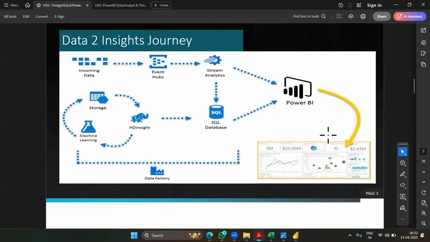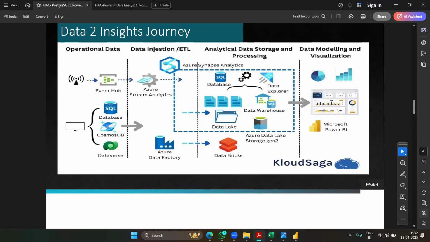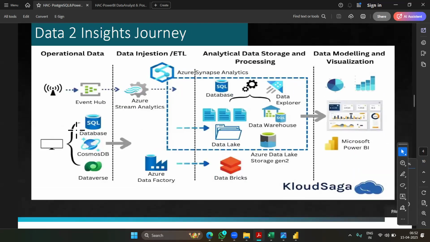To achieve this flow, the data-to-insight journey, we have different tools. Not one tool is going to serve all our needs. Now, if you see here, for operational data, the day-to-day things, we have SQL databases and Cosmos DB.